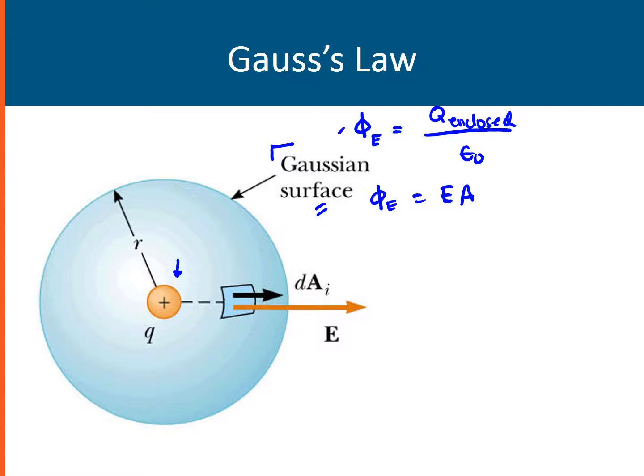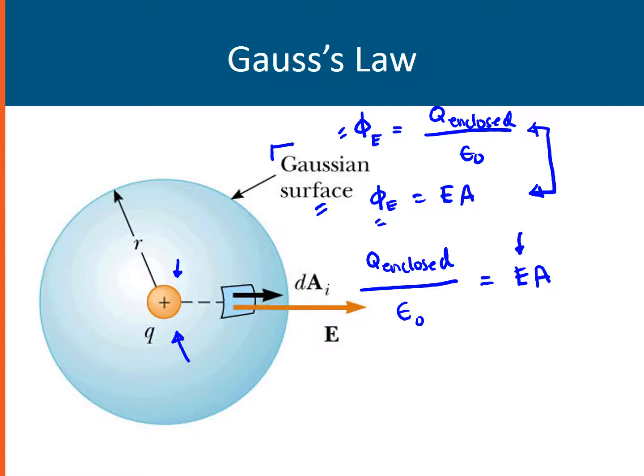Now, this is electric flux, that's also electric flux, therefore we could equate these two equations. So we will have Q enclosed over permittivity, and that's equal to the electric field multiplied by the surface area of the Gaussian surface. Again, the reason why we would utilize a Gaussian surface is for us to be able to determine the electric field due to a charge.